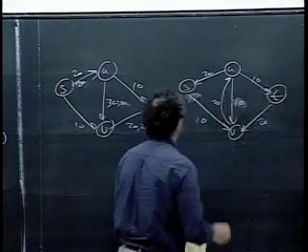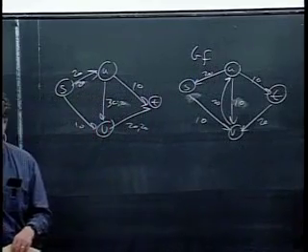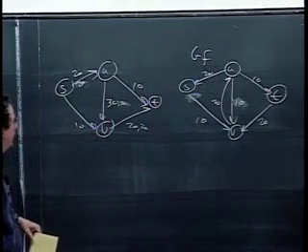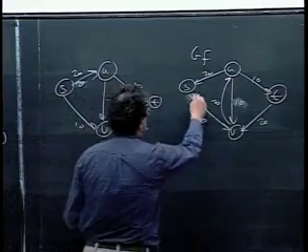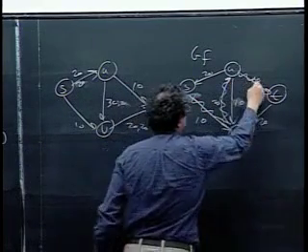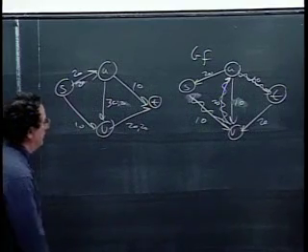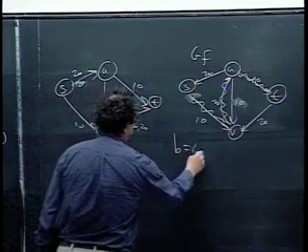Is that right? That's the residual graph. Okay, and then we find an s-t path. Here's one. And the minimum there, B, is equal to 10.